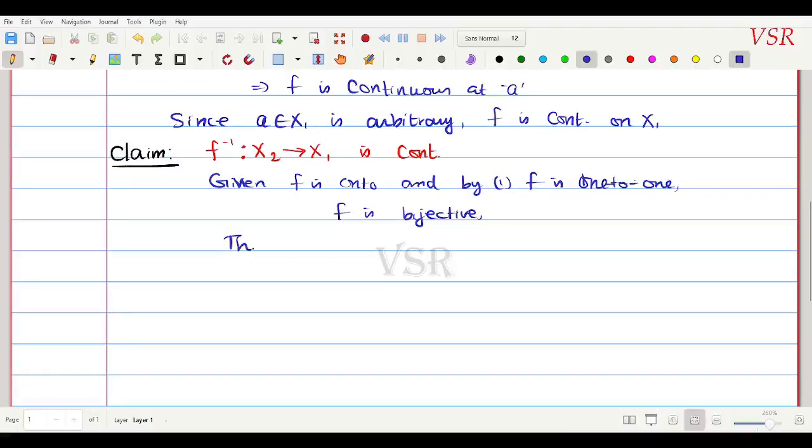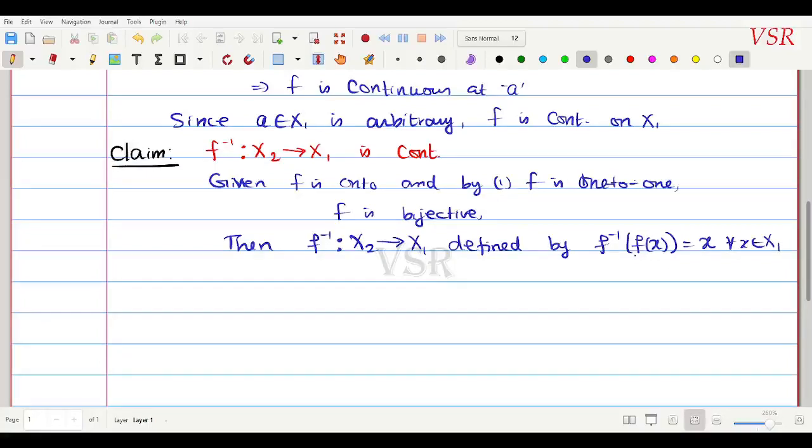Then f inverse is a function from x2 ல இருந்து x1 க்கு defined by f inverse of f of x which is equal to x, for every x belongs to capital X1. இது என்ன சார் அப்படின்னா, இங்க பாருங்க, இந்த element ஐ நீங்க y ன்னு எடுத்துக்கோங்க.